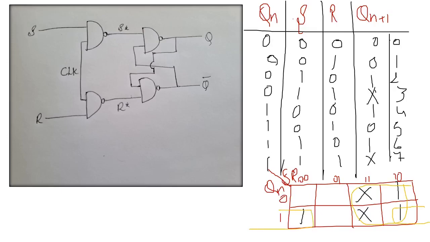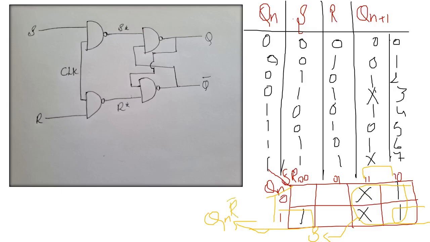Okay, so for the equation, here you can notice that Qn is changing from 0 to 1, whereas S has remained constant as 1 and 1, and R also changed from 1 to 0, so it will be equal to S. And this corner pairing, here Qn value is 1, so Qn, and you can notice here S value is 0 and here S value is 1, so ignore it. Then R value is 0 and R value is 0, so it will be R bar.